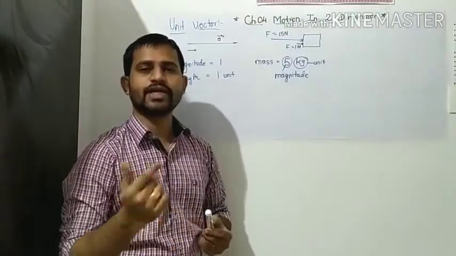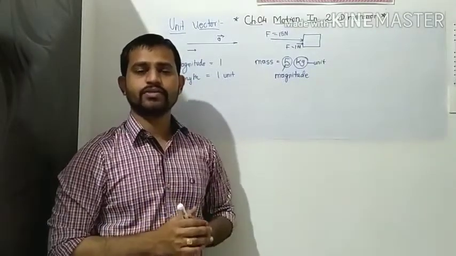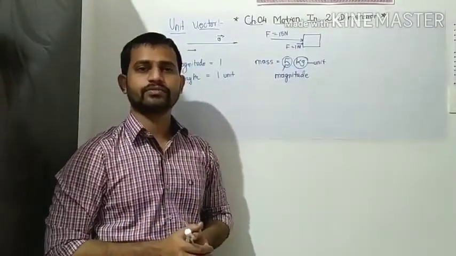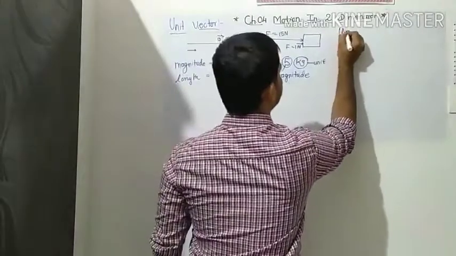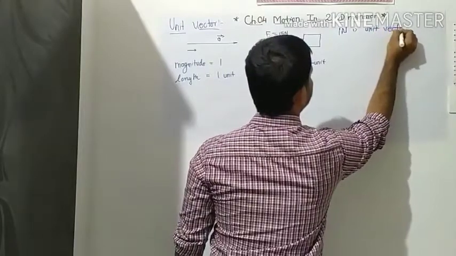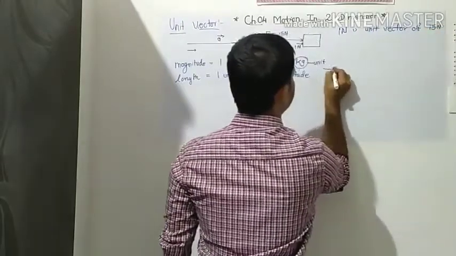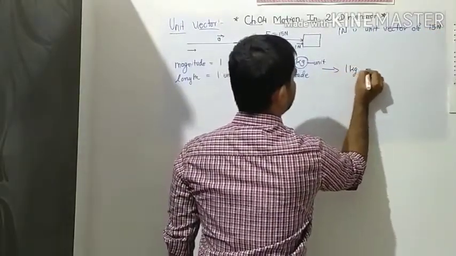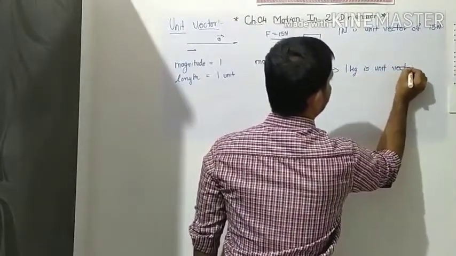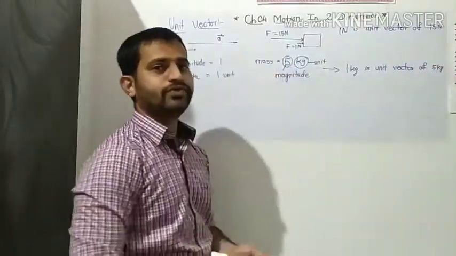It is 1 kg. So 1 kg is the unit vector for the 5 kg. And in this case, 1 Newton is the unit vector for the 15 Newton. We can write here that 1 Newton is the unit vector of 15 Newton, and 1 kg is the unit vector of 5 kg.